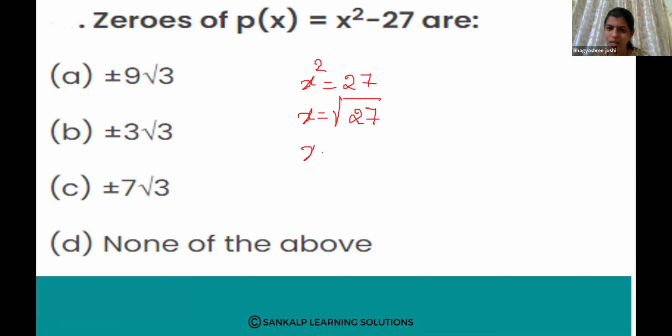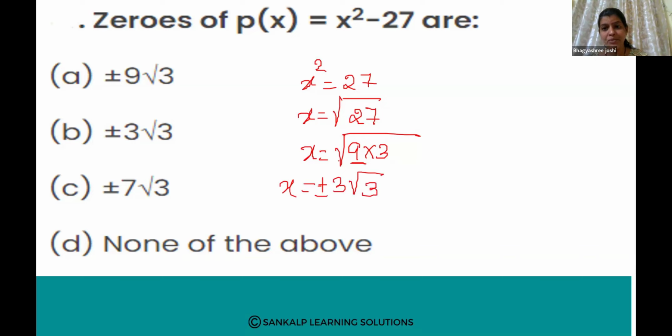So x equal to, I will write 27 as 9 threes are 27 or 3 nines are 27, square root of 9. If I take 9 out of the square root, what will I get? I will get x equal to plus or minus 3 into root 3.